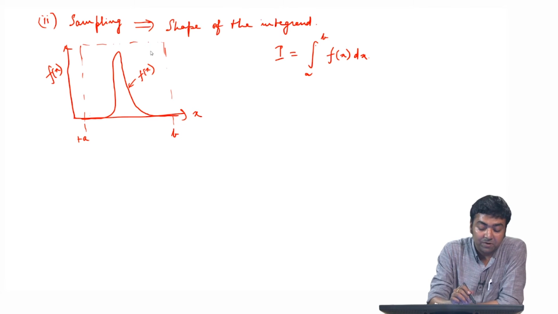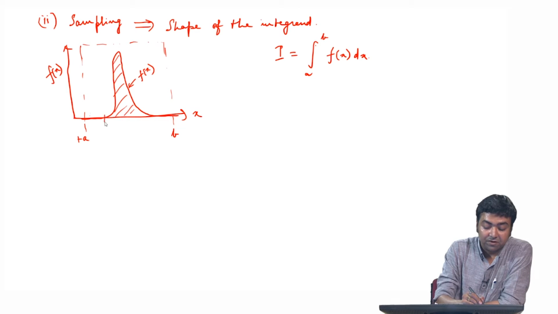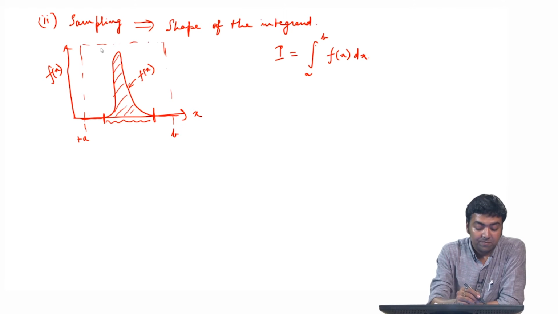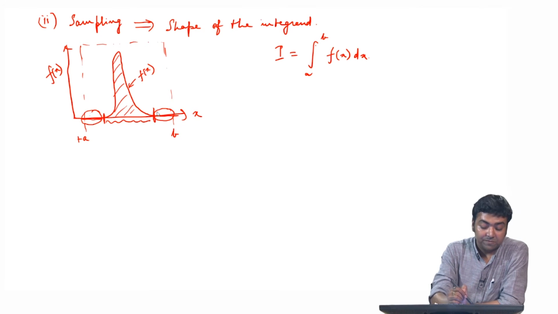But if we look at the shape of the function, we see that it has a significant contribution only from this region. In the rest of the part the function has a value of 0. So, the area under the curve defined by this schematic function is 0 for these two regions. It is only non-zero for this shaded region.